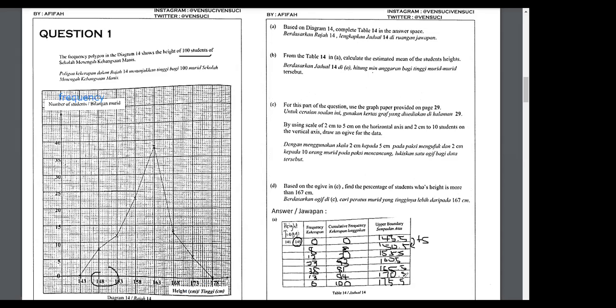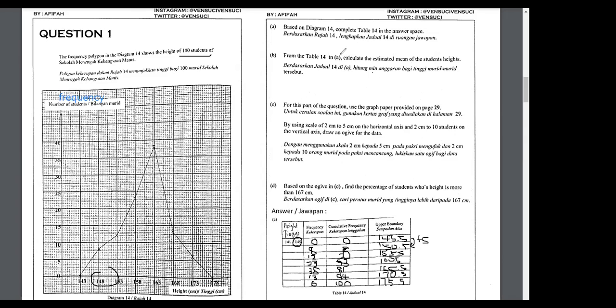Next, we must identify the scale for the x-axis and y-axis. You can see it's 2 cm to 5 on the horizontal axis and 2 cm to 10 students on the vertical axis. So the horizontal axis is the x-axis, 2 cm to 5, so the difference between the first and second must be 5.